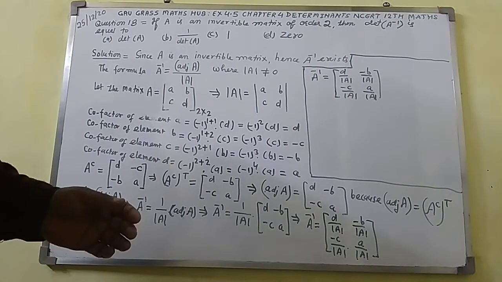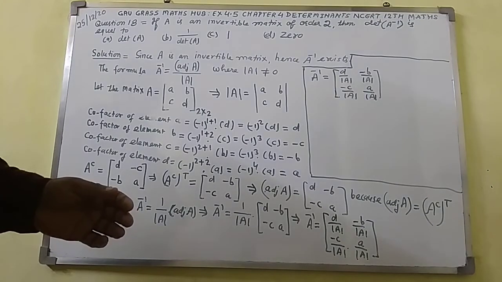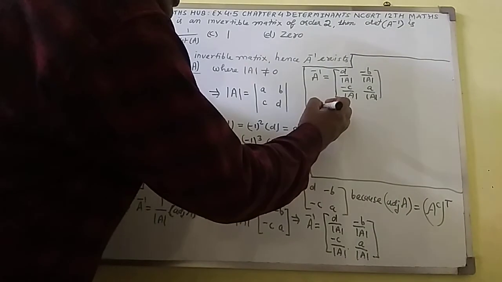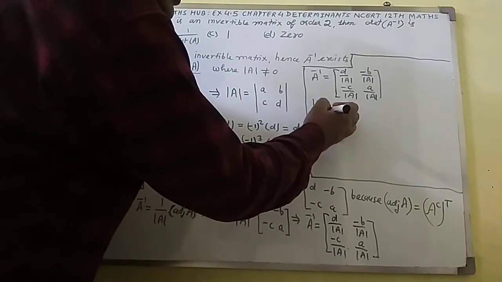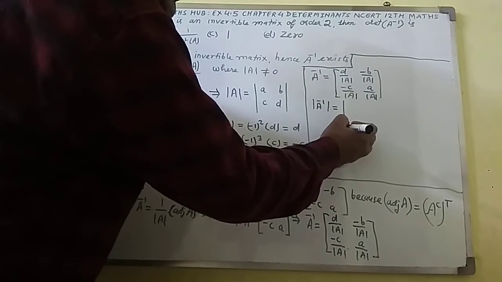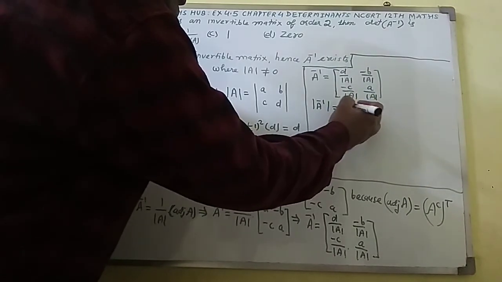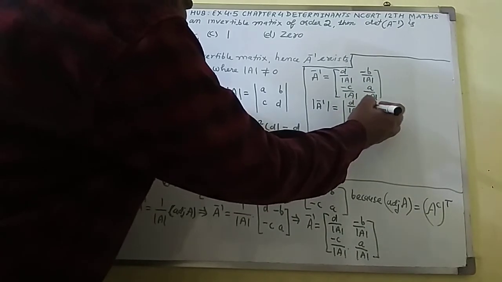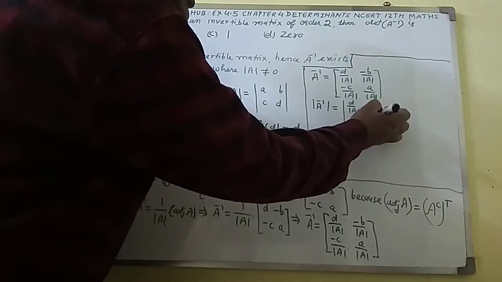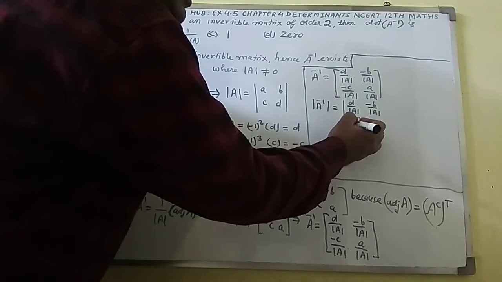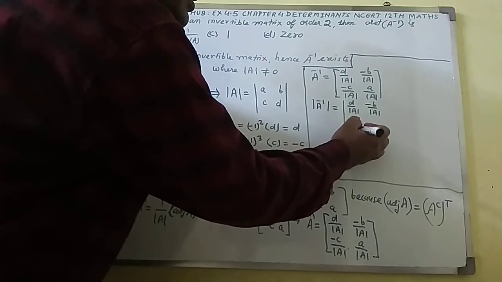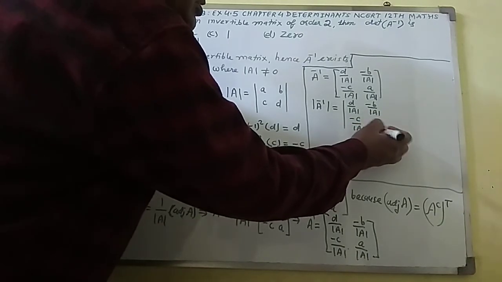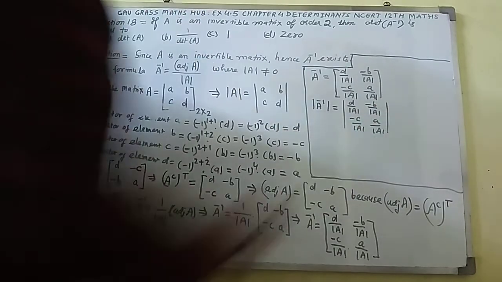And now find determinant of A inverse. So here write determinant of A inverse equal to d over det A, minus b over det A, minus c over det A, a over det A. This thing I have got.